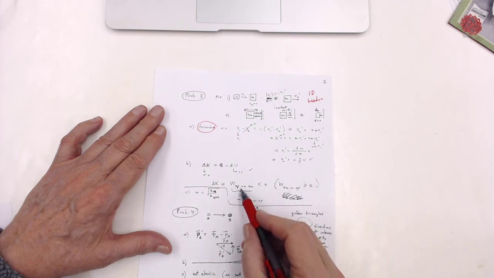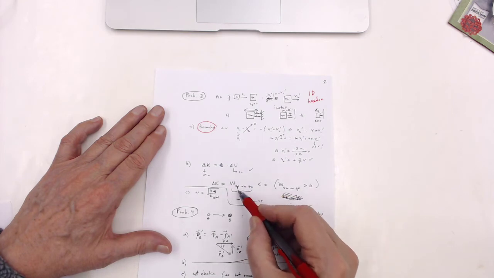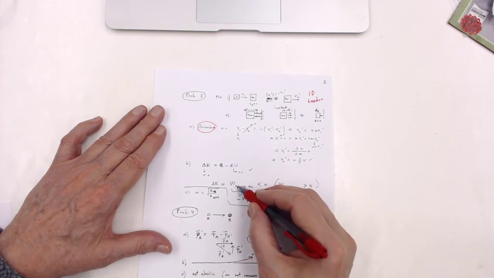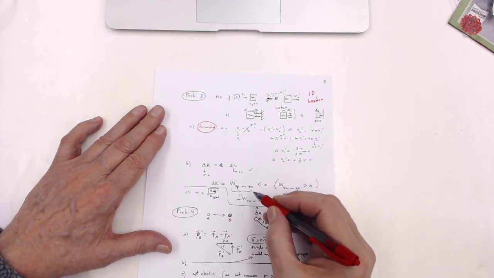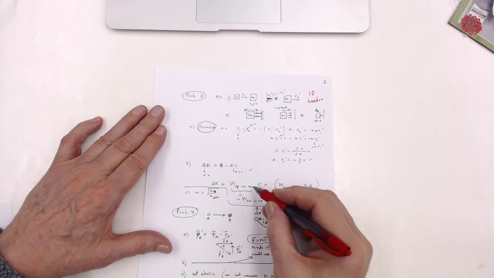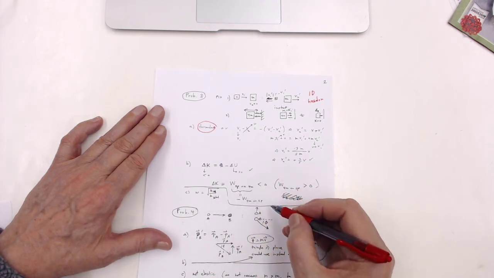And sure enough, this work of spring on 4M is minus work of 4M on spring. And just keep that in mind then, that what came in here in the delta K was work on our body, but we can also talk about the work of the body on whatever external system was producing the force on us.